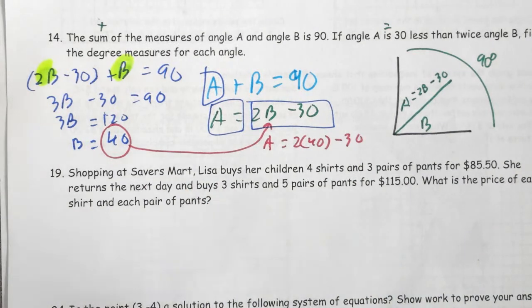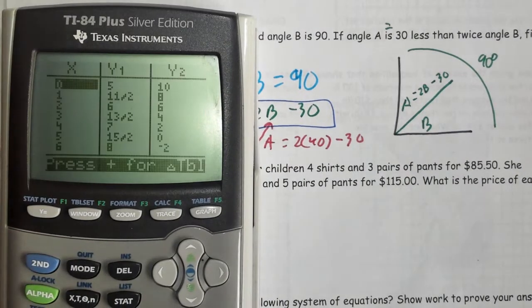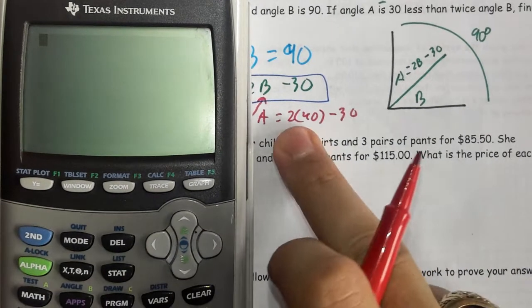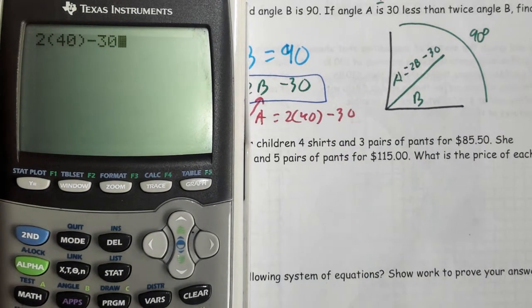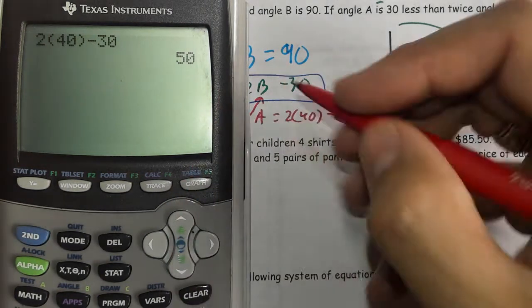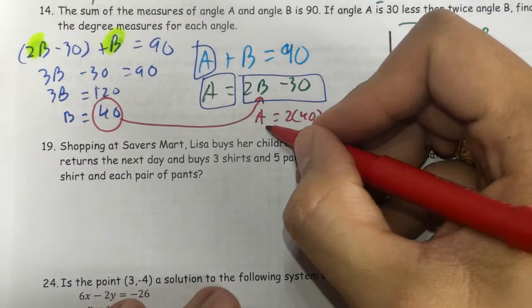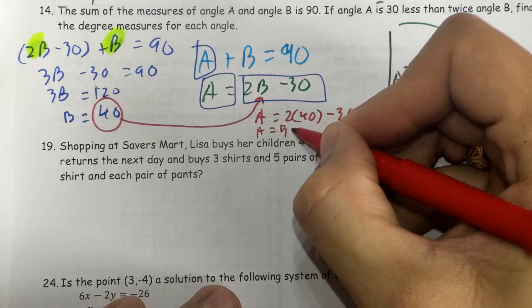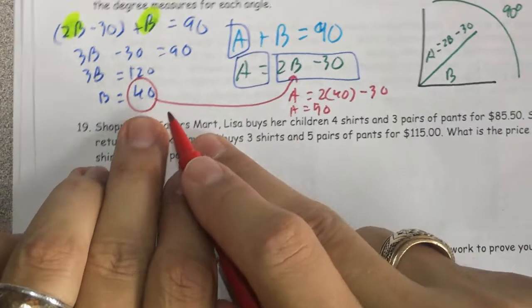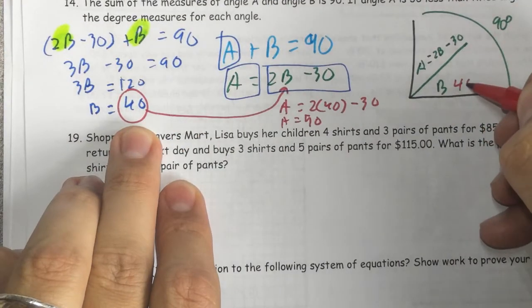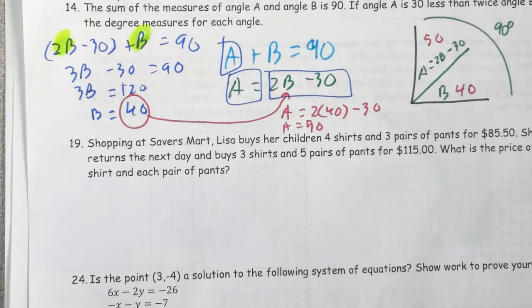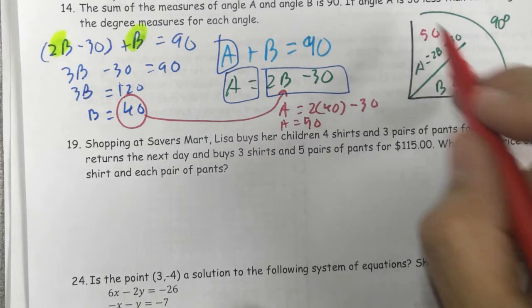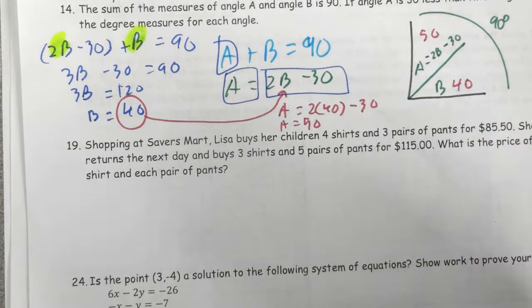If it makes it easier for you, the calculator can do most of your work for you. 2 times 40, 2 parentheses 40 minus 30, enter, there's your 50. So angle A equals 50, angle B equals 40. So this is 40 and this one is 50. And if you look, it adds up to 90. 40 plus 50 is 90.